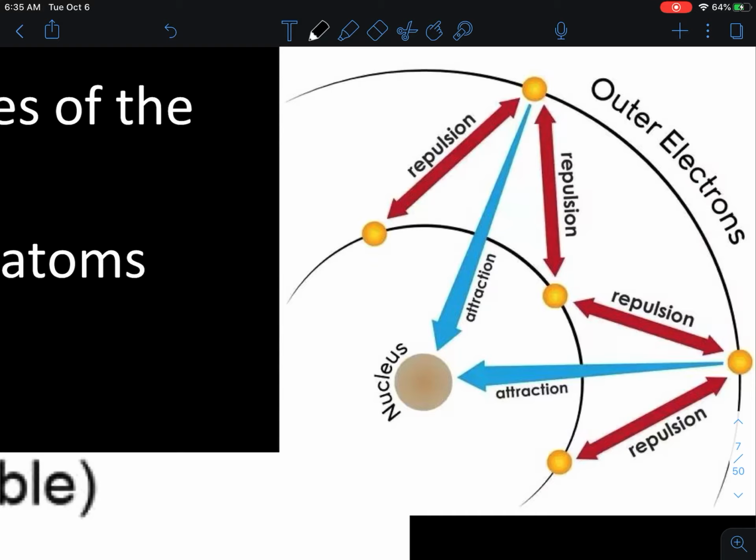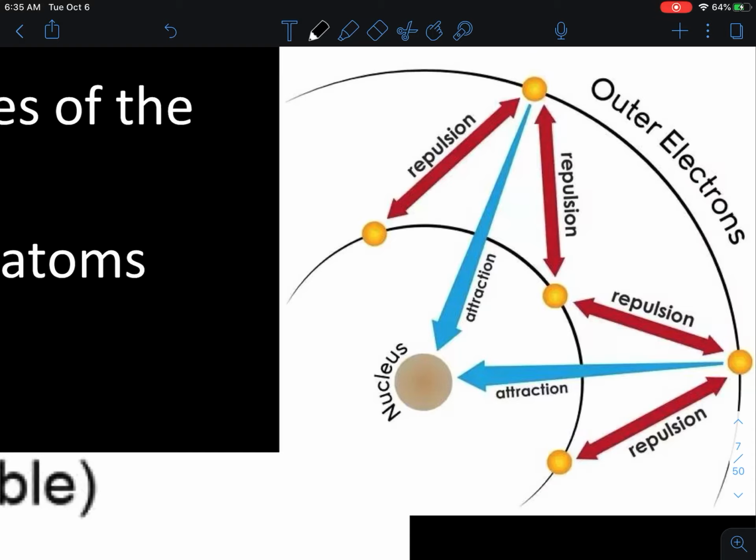Those electrons are repelling the electrons that are further out. As you add more and more electrons, those electrons are being repelled from each other, and they're moving further away from the nucleus. As you get further and further away from the nucleus, with more and more shells, they are more repelled by each other, and they are farther away from the nucleus.